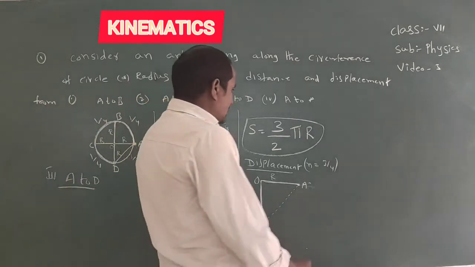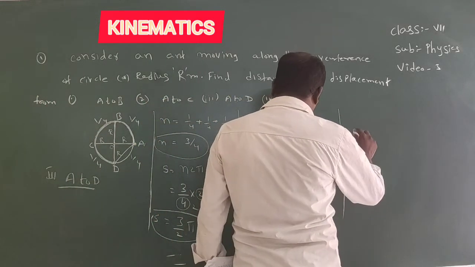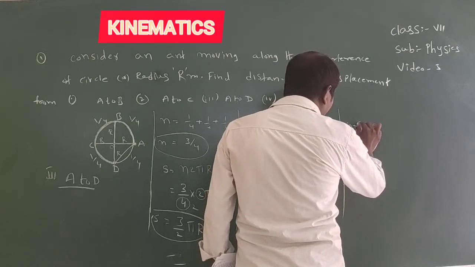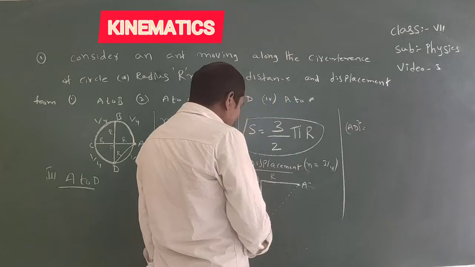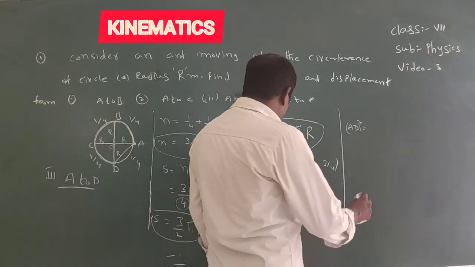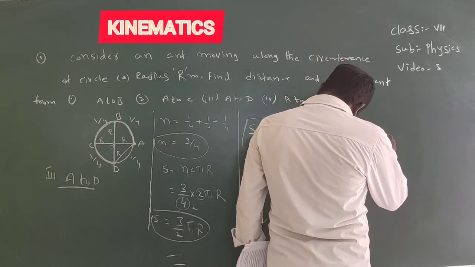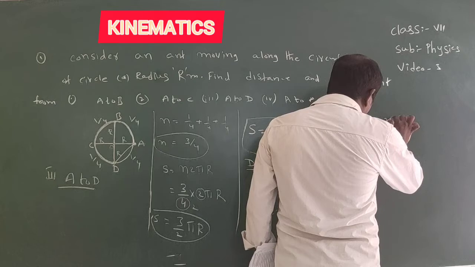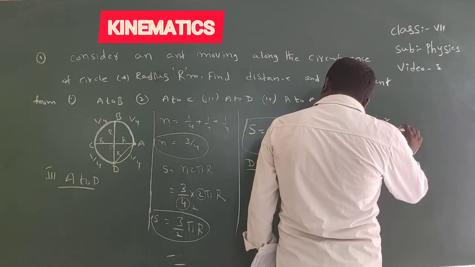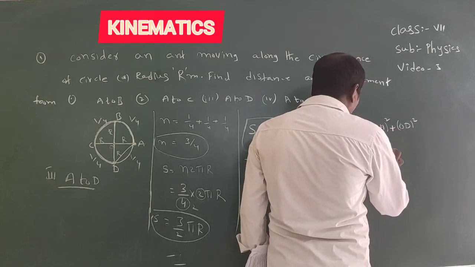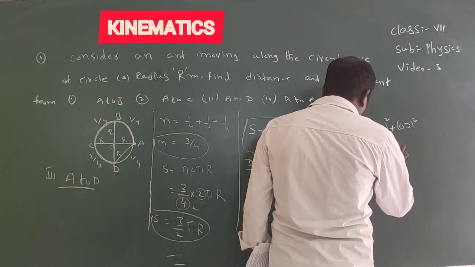Now according to Pythagoras theorem, hypotenuse, here AD, whole square equals the sum of the squares of the opposite side and the base, that is AO whole square plus OD whole square. A to O equals radius r.